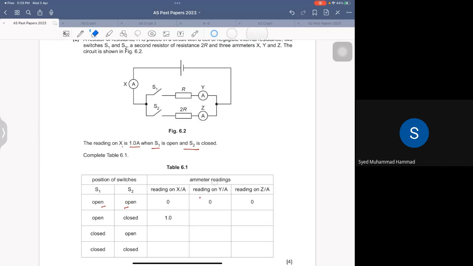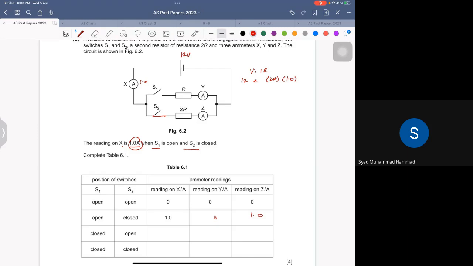So what I'm saying is, initially when S1 was open and S2 was closed, the reading was 1 here and 0 here. I'm going to use this circuit to find the resistance. Let's say I have assumed a voltage. So I'm going to use V is equal to IR, the total resistance is 2R, and the current was 1 ampere, and the voltage is 12.